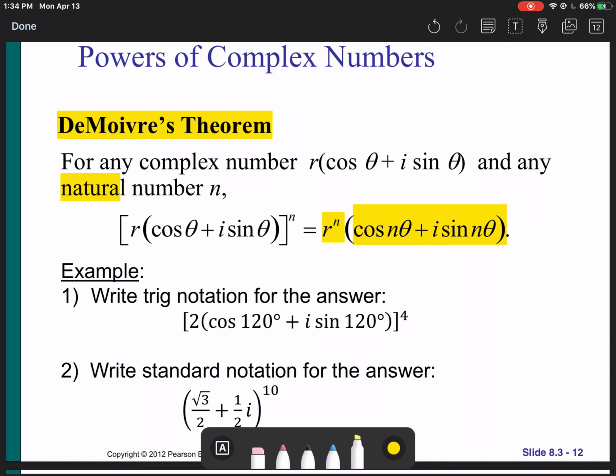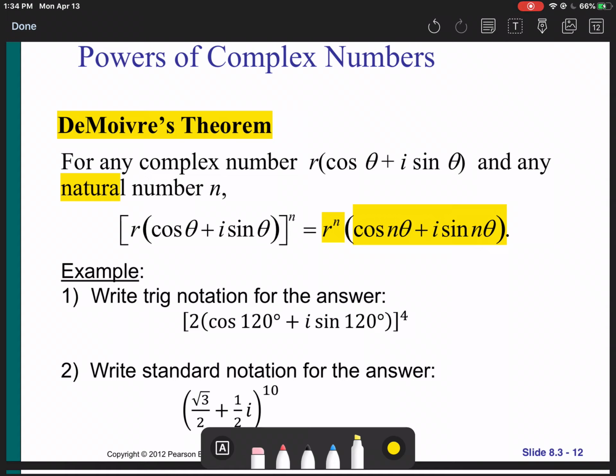Right? So when we're multiplying, we add the arguments. When we're dividing, we subtract the arguments. When we're raising it to a power, we multiply that exponent times the argument. All right? Now, the one issue here, though, is this formula does require that the number is written in trig form, right, using trig notation.